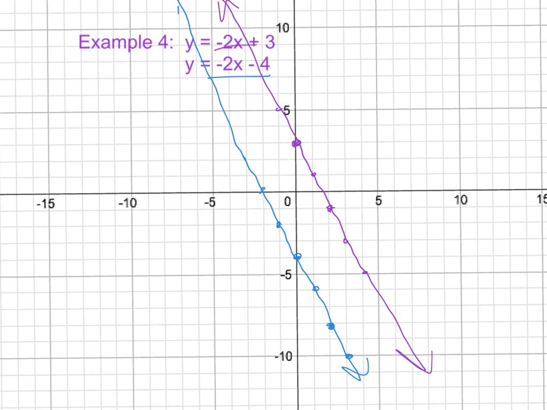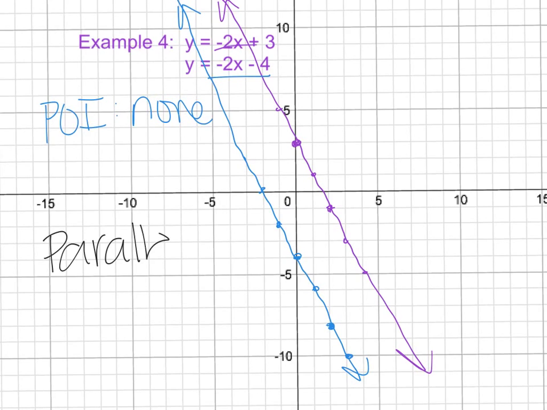And if we take a look at our two graphs of our lines, these lines are parallel, so they will never intersect. So the POI, we don't have one. There is none. So these lines are parallel. Parallel lines never intersect.